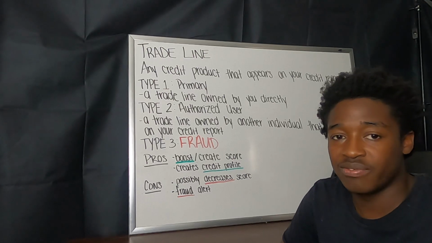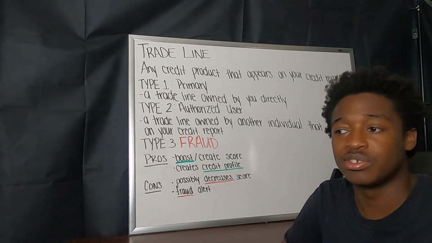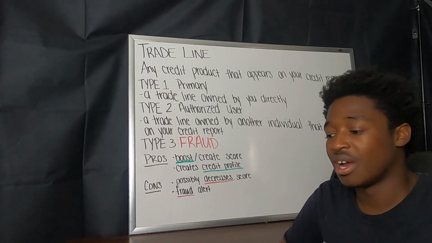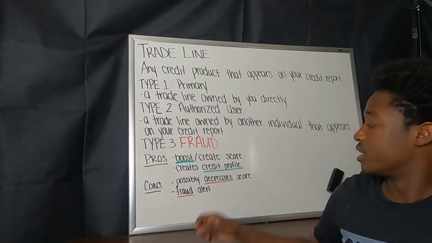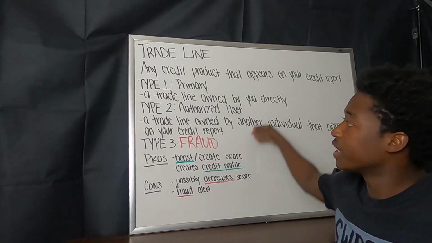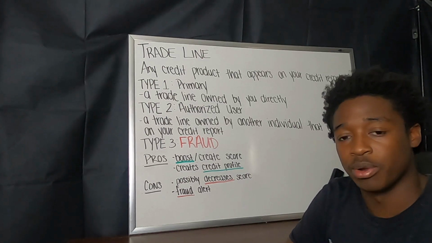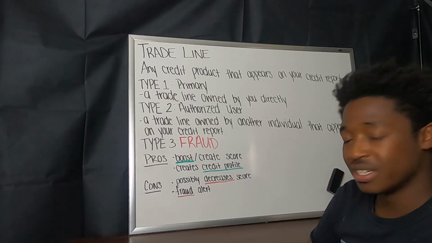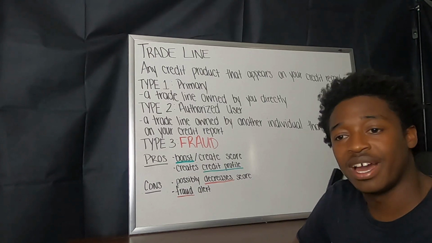This could be if that person's account gets flagged, maybe they're adding and removing too many authorized users, possibly because the information on any of these types of trade lines is off from the information on your report, and that can be flagged, and that could possibly cause you to get denials.